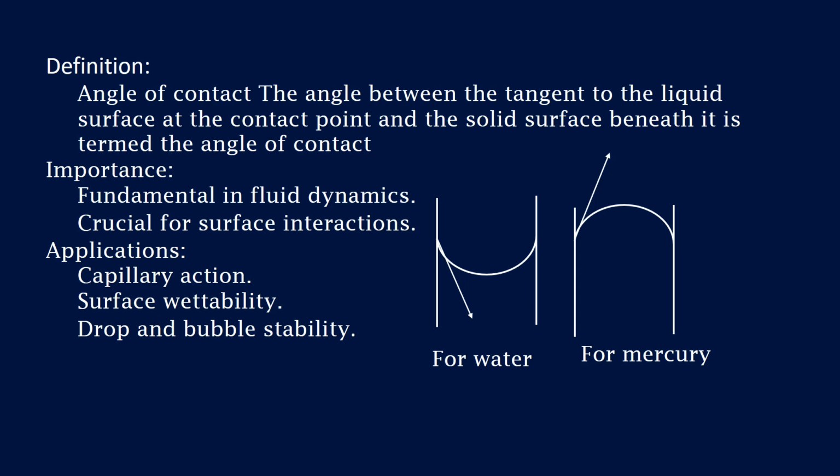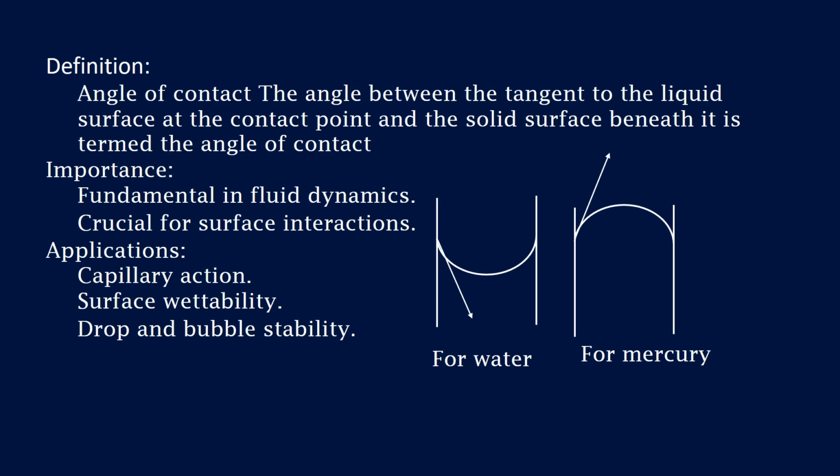Understanding the angle of contact is essential in fields such as material science, surface chemistry, biology, and engineering. It forms the basis for designing surfaces with specific wetting properties, developing advanced coatings, and optimizing processes like inkjet printing and microfluidics. Pressure difference across a liquid surface.